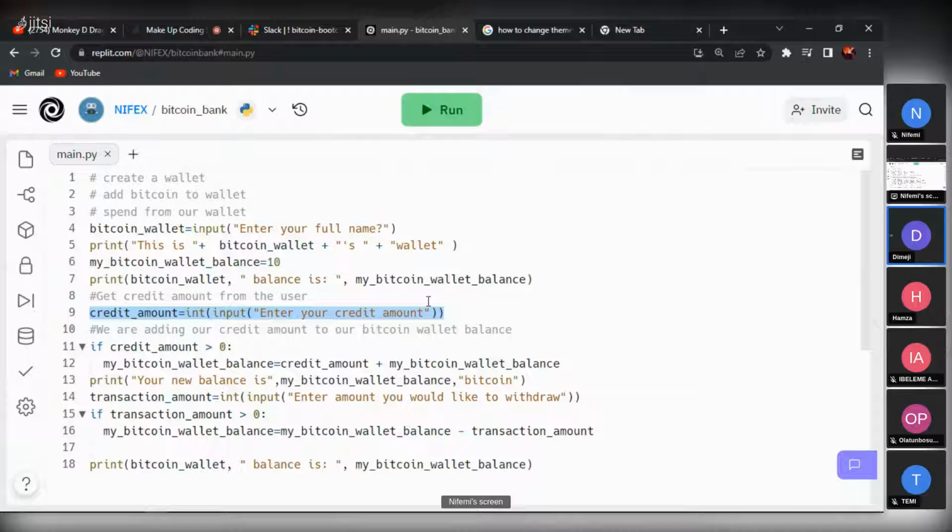Do you guys understand that? Yes, sir. Now, why are they strings? They are not numbers. Do you understand? Yes, sir. Because we know that whatever we want to add to our wallet, we can't add a string to our wallet.